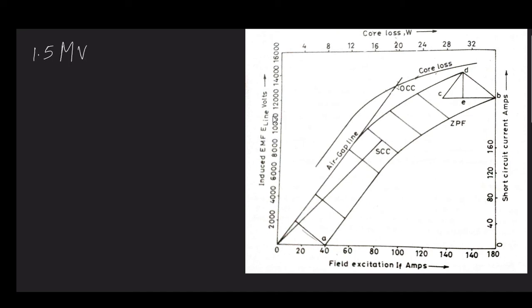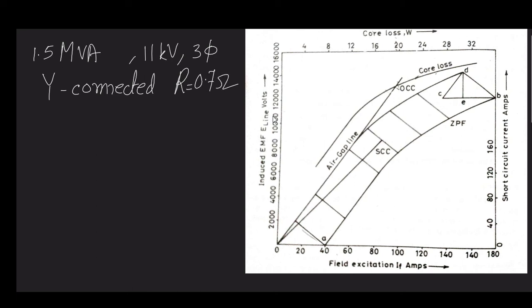So 1.5 MVA, 11 kV, 3 phase, star connected, effective resistance R is equal to, open circuit and core loss are here.